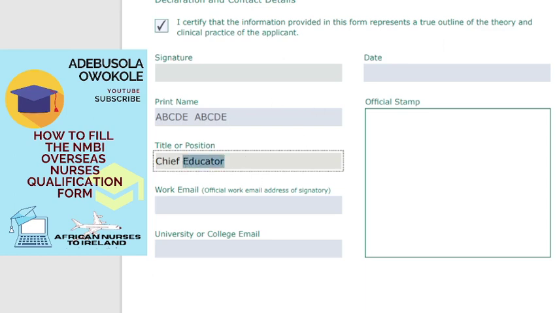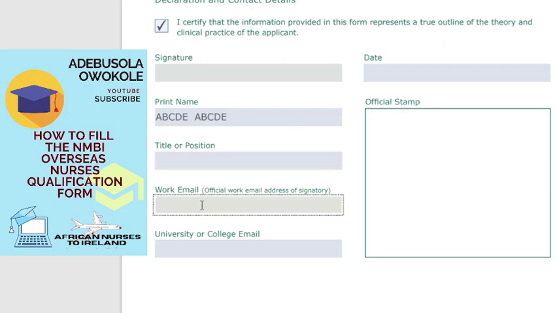It could be principal. Literally in nursing schools, it's either HOD, head of department, or in a typical nursing school in Africa, it's principal of nursing. That's acceptable as well.